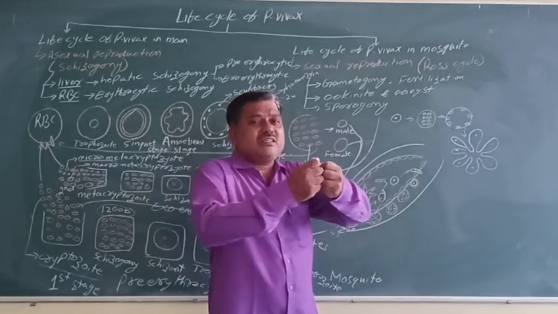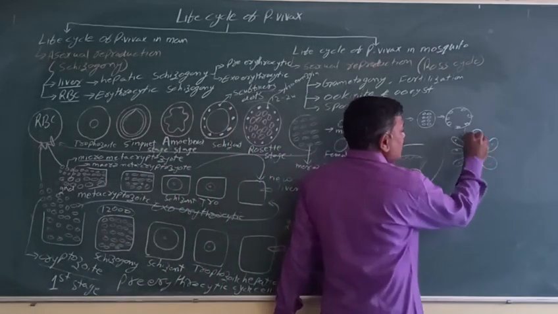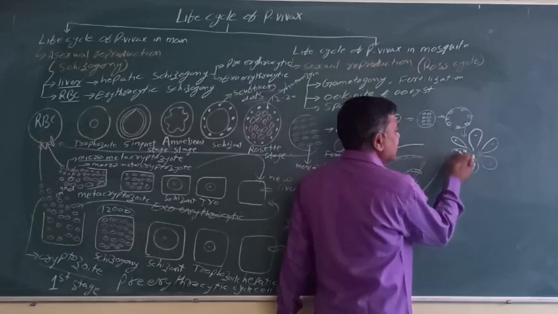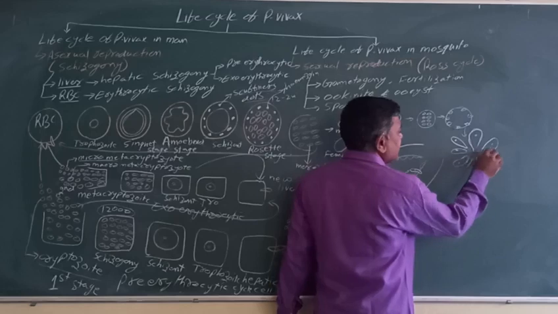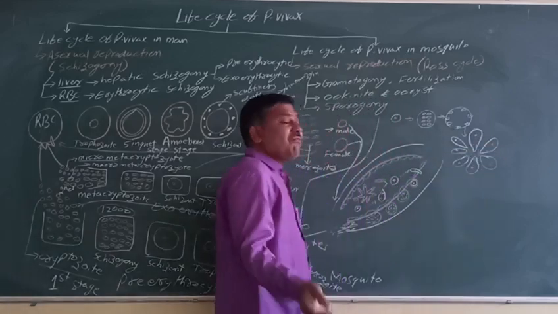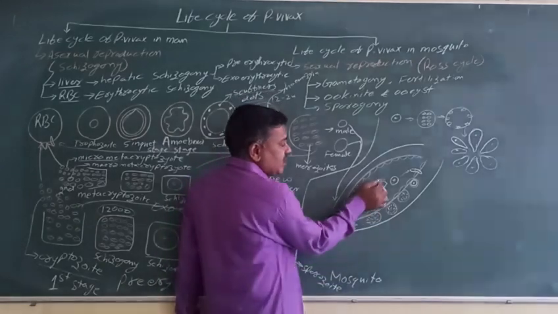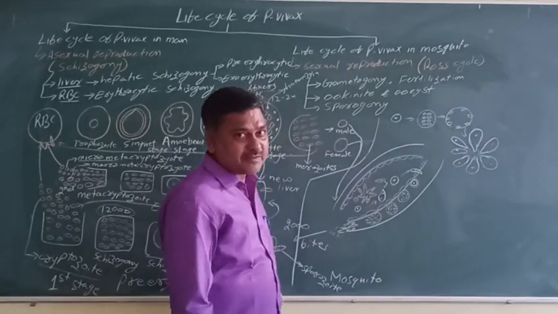As these move towards the periphery, there is a breakdown at the center and there is a formation of 8 male gametes. We call this exoflagellation, and this one is nothing but the exoflagellated male gamete.